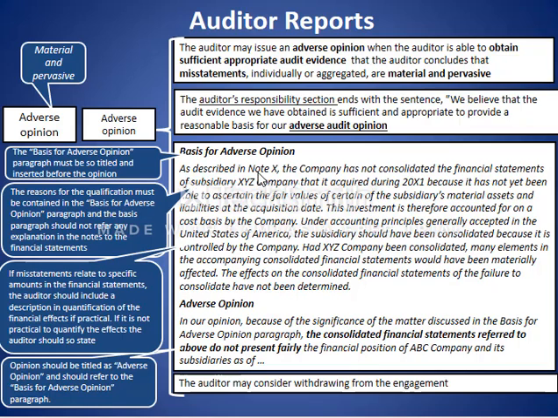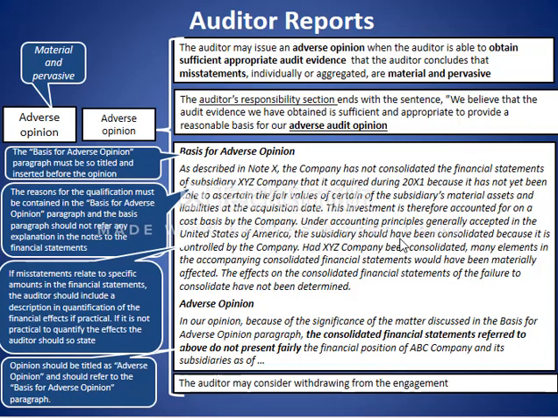As described in Note X, the company has not consolidated the financial statements of subsidiary XYZ Company that it acquired during the year audited because it has not yet been able to ascertain the fair values of certain of the subsidiary's material assets and liabilities at the acquisition date. The investment is therefore accounted for on a cost basis under accounting principles generally accepted in the United States of America.